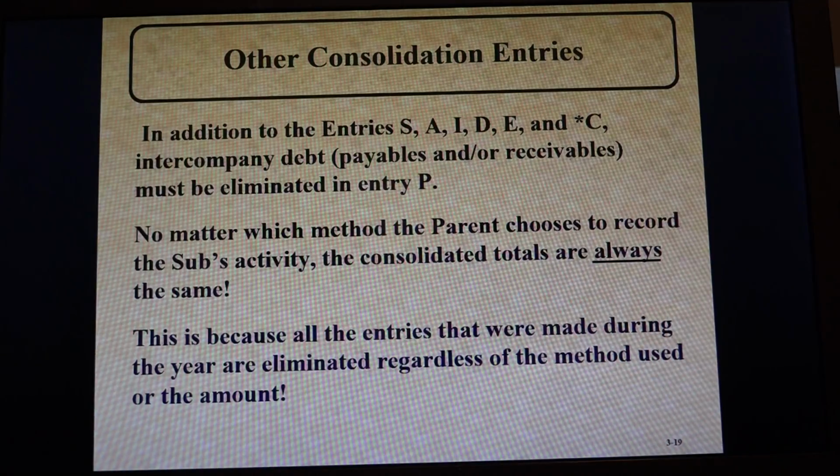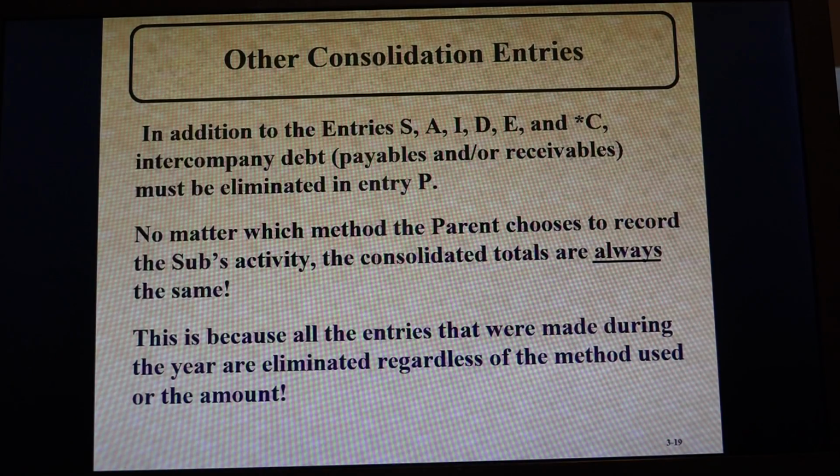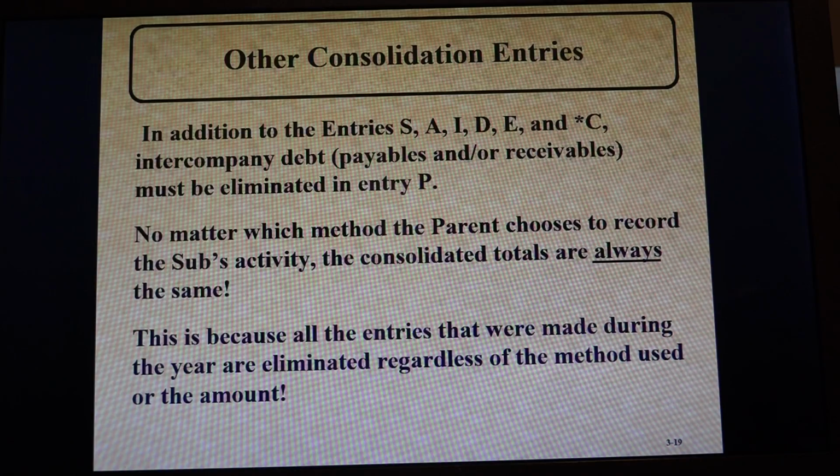And so the only thing you do there is you take the note payable out of the parent's current assets. And so you would credit current assets for, in this example, $40,000.